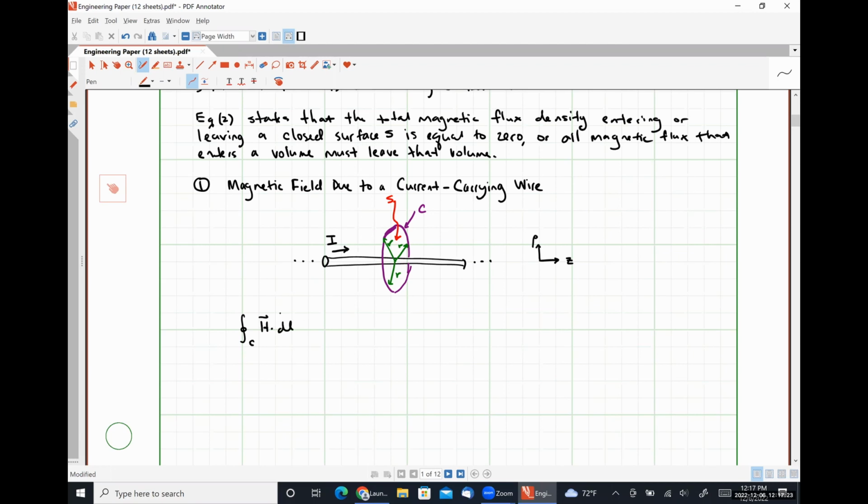So that fancy pants line integral that I gave you guys a moment ago, H dot dl is equal to J dot dA, for this particular geometry simplifies to H times 2 pi r is equal to I. And from that, we can see that H, the magnetic field strength, is simply equal to I over 2 pi times the radius.